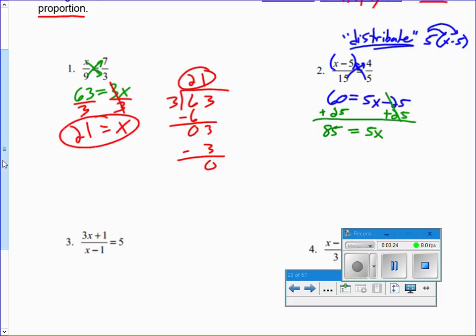The last step would be to divide 85 by 5. 5 goes into 8 once, that's 5, subtract, have 3, bring down the 5, and 35 is 7 fives. So 17 is our answer.